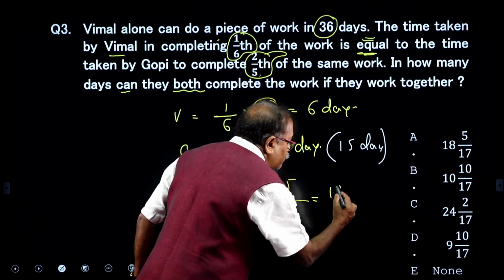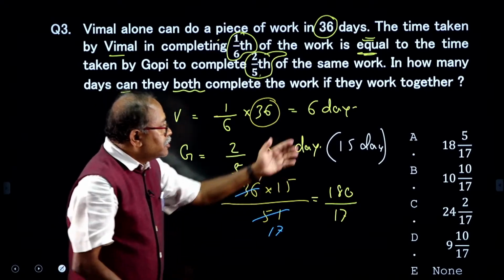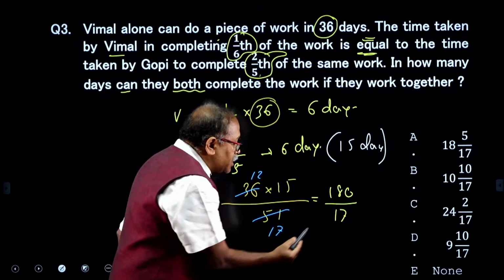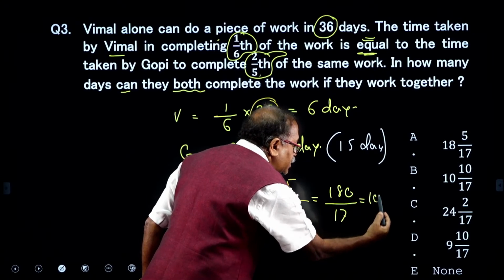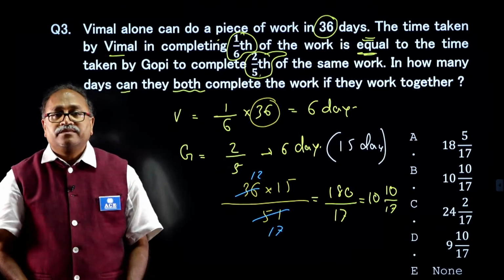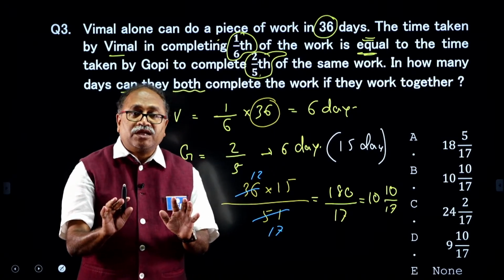So, you are getting 180 divided by 17 days. Look at the way the options are there. 180 by 17 is nothing but 10 by 17 days. Hope you must be getting the same answer.